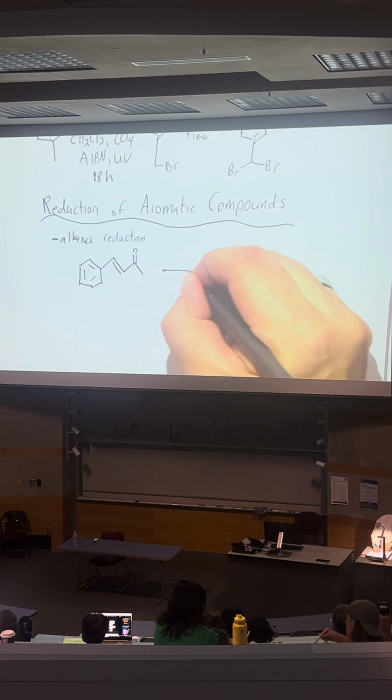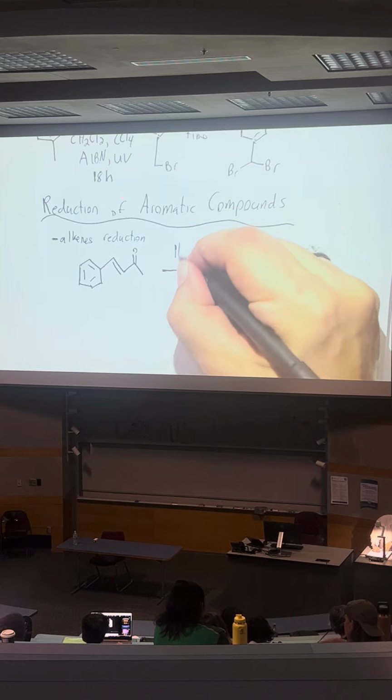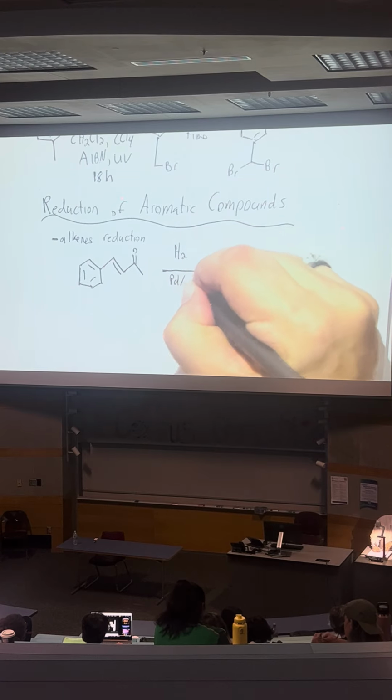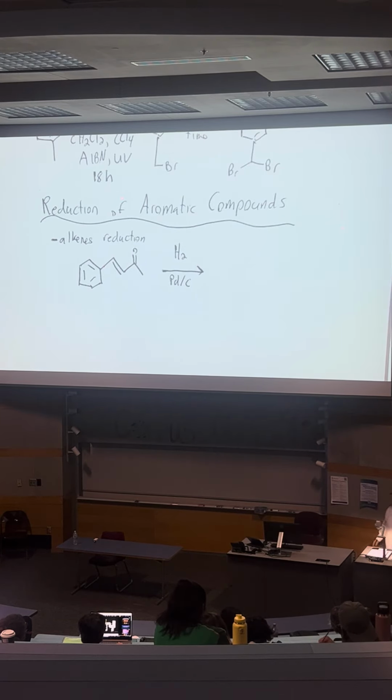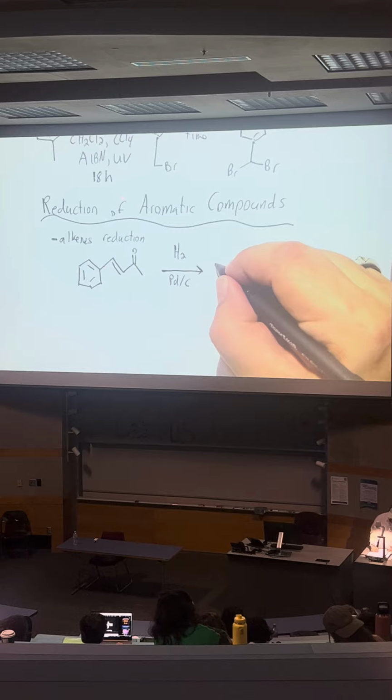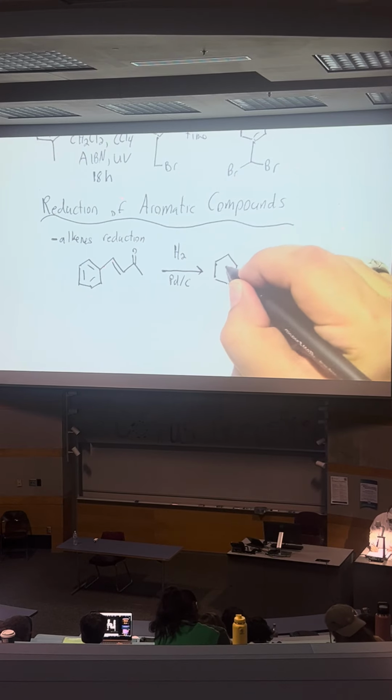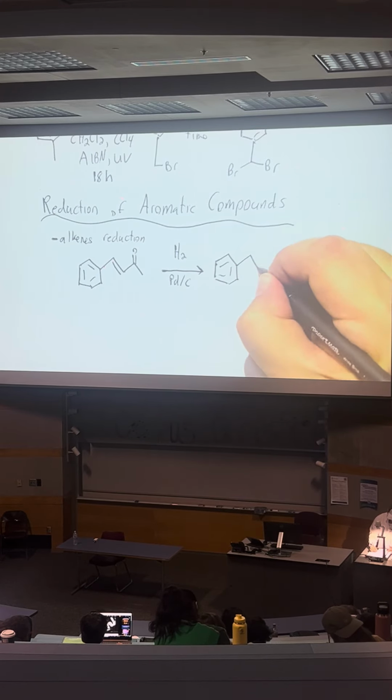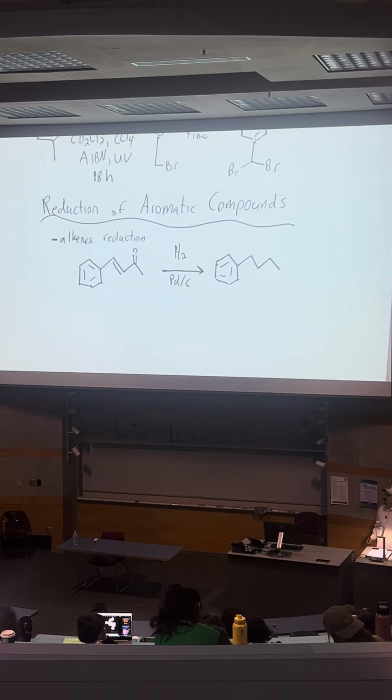So if you take any of those reactions that we learned in OChem 2, which involved palladium on charcoal, platinum oxide, or nickel, in the presence of hydrogen, everything on that side chain that's got a pi bond will basically reduce. So we can remove the carbonyl, we can remove the alkene very easily.